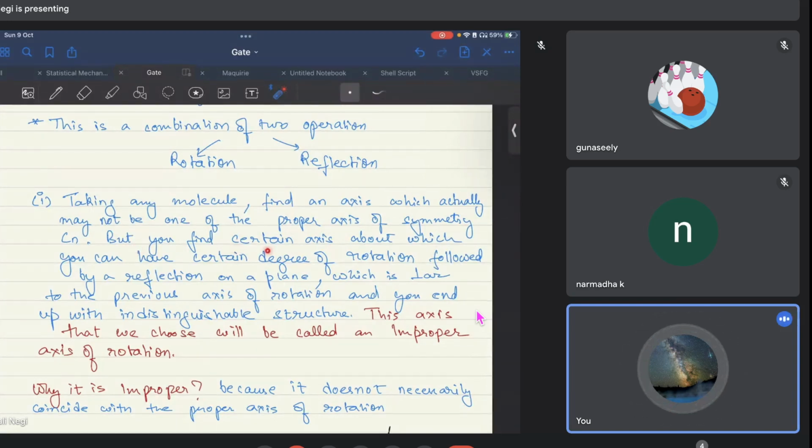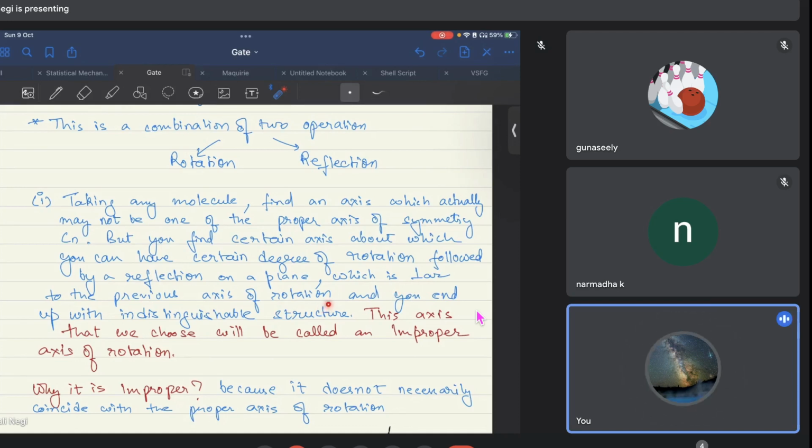But you find a certain axis about which you can have a certain degree of rotation, followed by, and this is important, first you have done the rotation. It is not necessarily that you will get an indistinguishable structure, but after the rotation you do the reflection on a plane which is perpendicular to the previous axis of rotation.